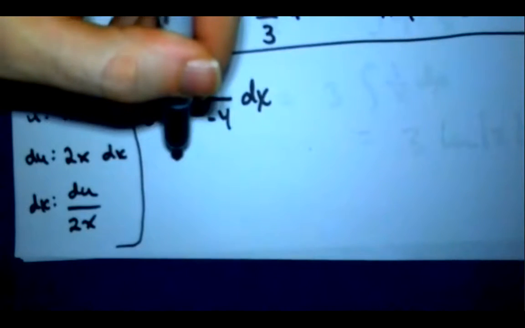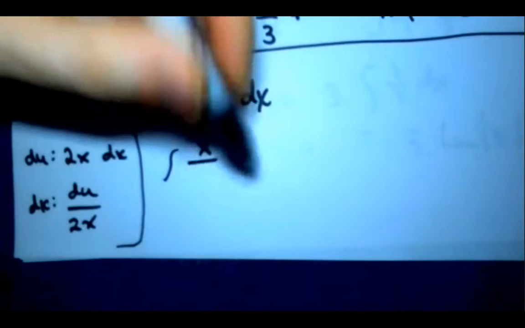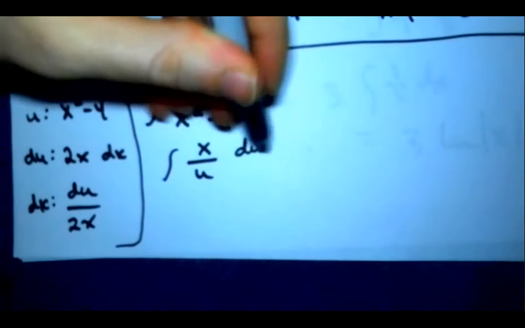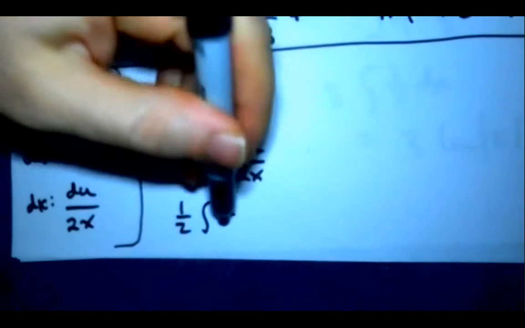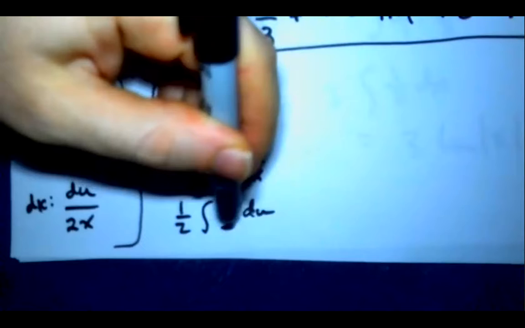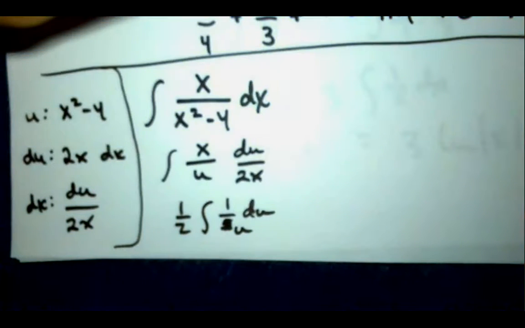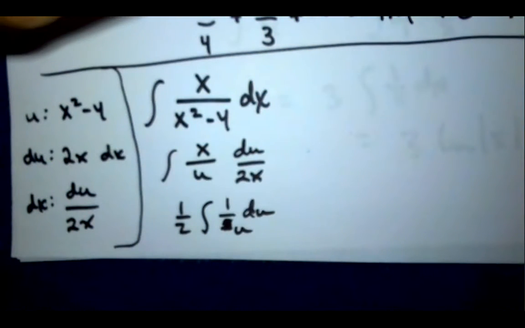So based on this now, I've got x over u du over 2x. Now I'm going to cancel the x's and I've got a half out front. And now, not 1 over x, it's 1 over u. Notice now that I've got 1 over u du. It integrates the same way. What's the integral of 1 over u?